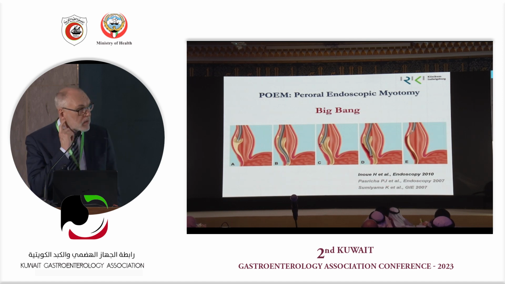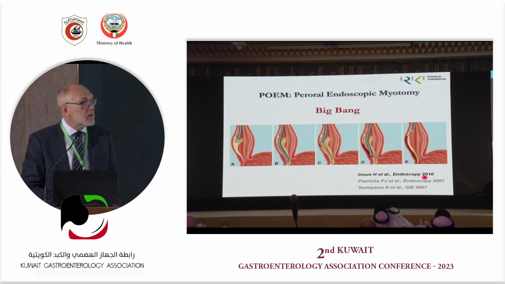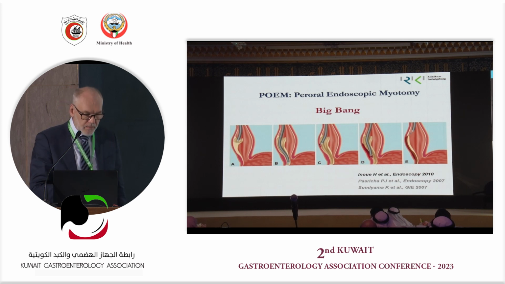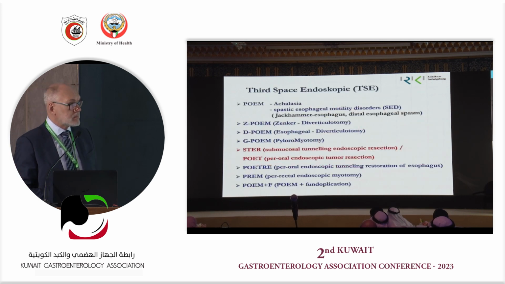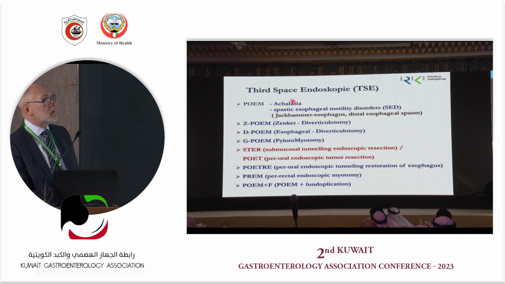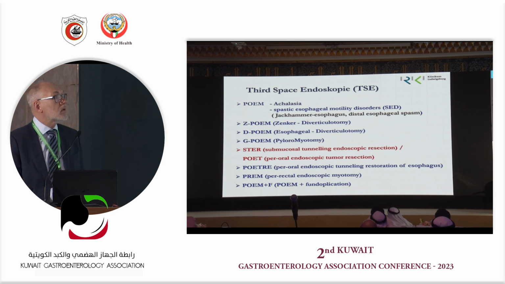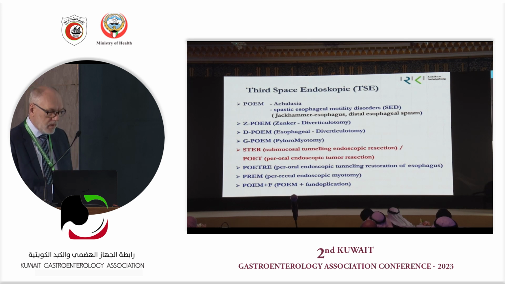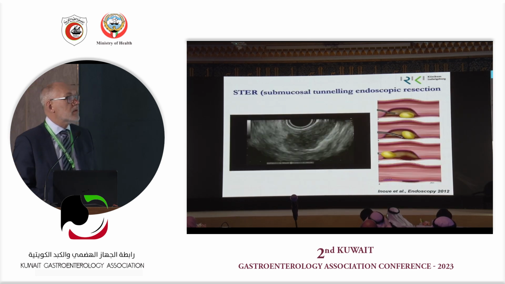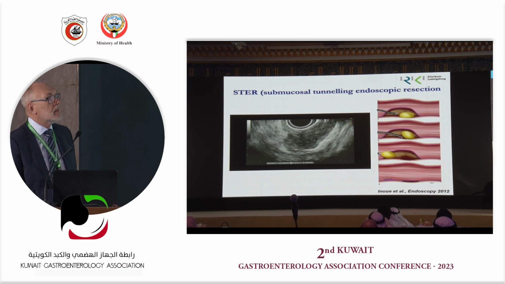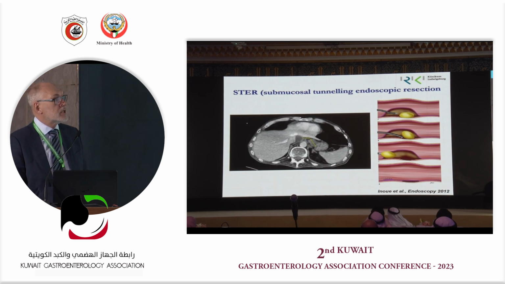They did the prior work in animals, and Haruhiro Inoue did the first clinical case. And from this came a whole bunch of third space endoscopy. I think in the next talk we talk about it in more detail, and I will focus on submucosal tunneling endoscopic resection and the POET for lesions in the esophagus and in the gastroesophageal junction.